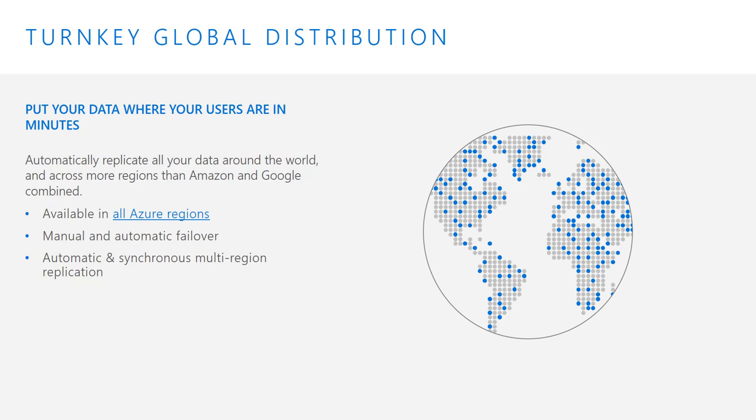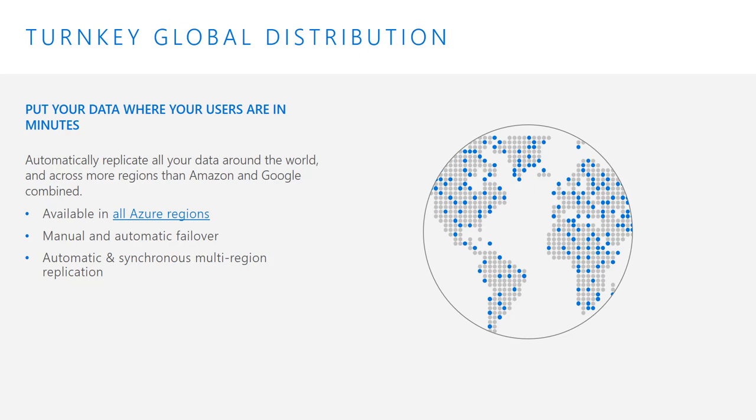This is what we call automatic failover. And for manual failover, some of our customers use the follow the sun model. When it's day in Australia, they have a write region in Australia. When it's day in Europe, they move the write region to Europe for high throughput and low latencies.